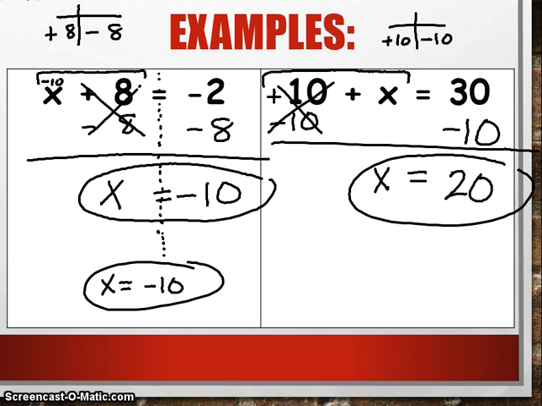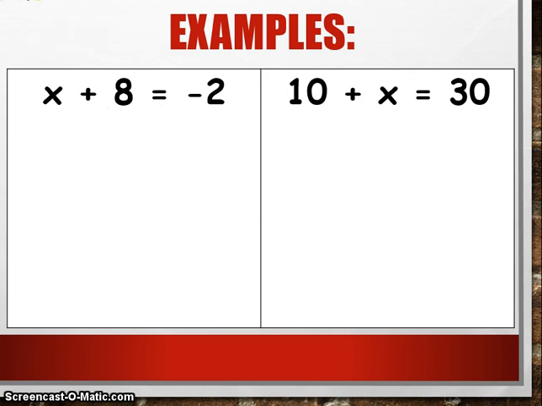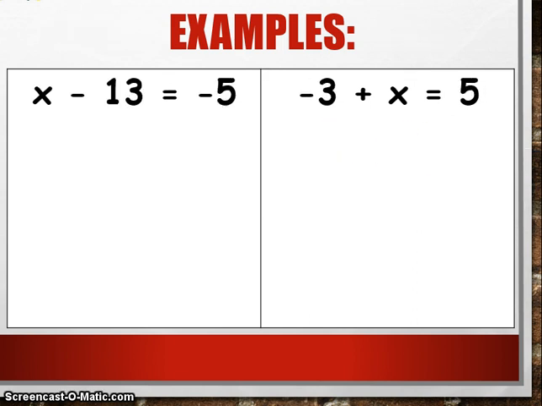So these are 2 examples where the operation acting on the variable was addition, and we had to use subtraction to isolate the variable. Now let's look at some examples where subtraction is acting on the variable. Just like in the last problem, we're going to look at the algebraic side. We can see that x is subtracting 13.